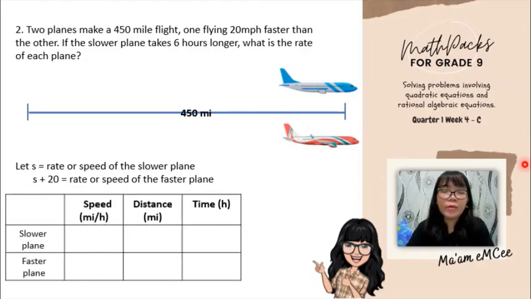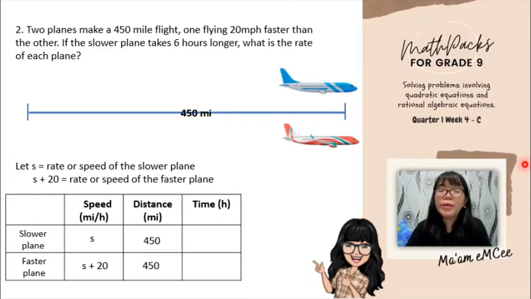Then we will need again this table to put all our given values and our unknown values. So the slower plane makes a flight of 450 miles, and we have represented its speed to be s. And for the faster plane, it also makes a flight of 450 miles, and we have represented its speed to be s plus 20.